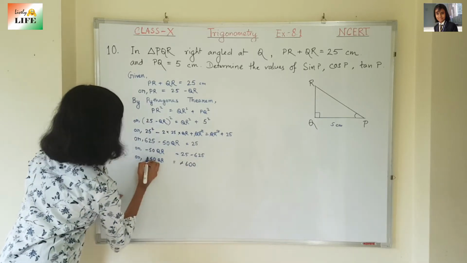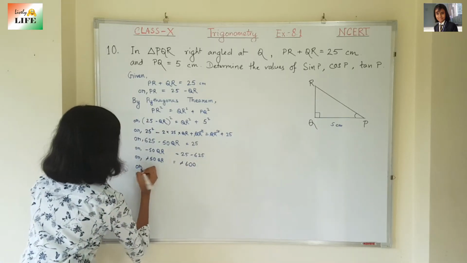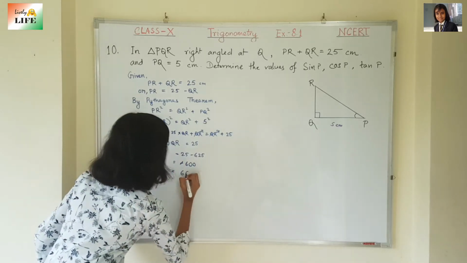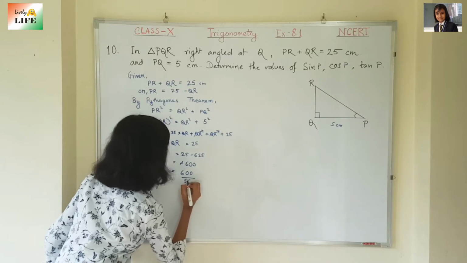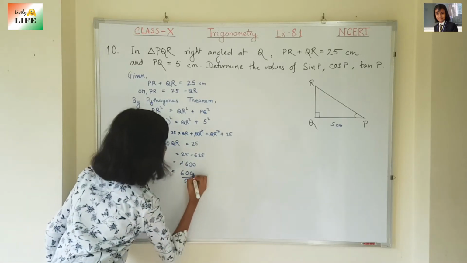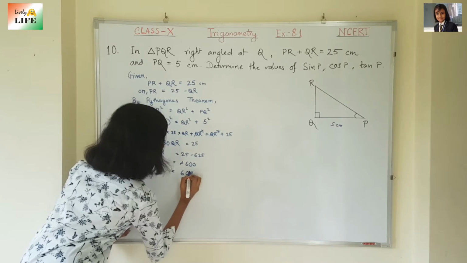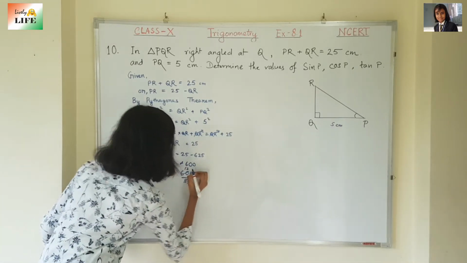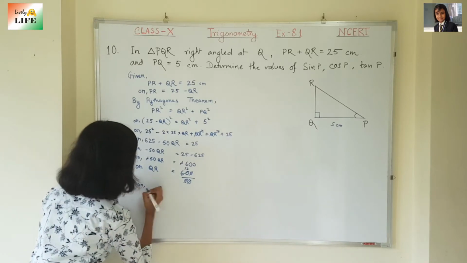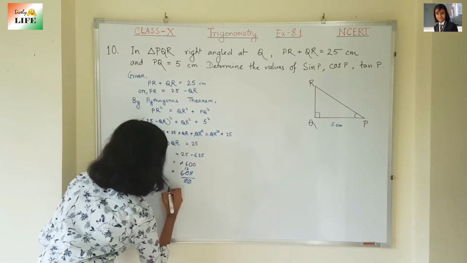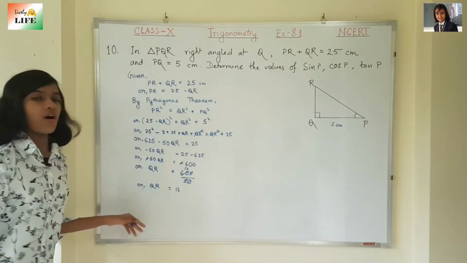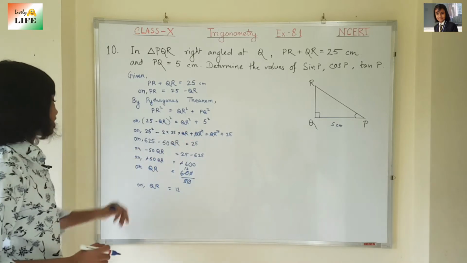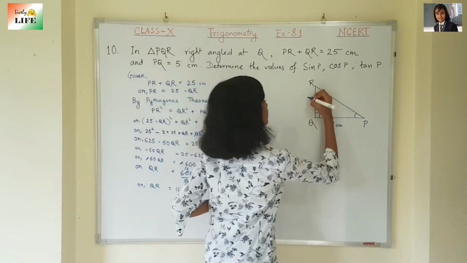Now minus minus will be cut. QR is equal to 600 by 50. It will be cut. 5, 12 is a 60. So QR is equal to 12. Now we have found out QR. It is 12 centimeter.